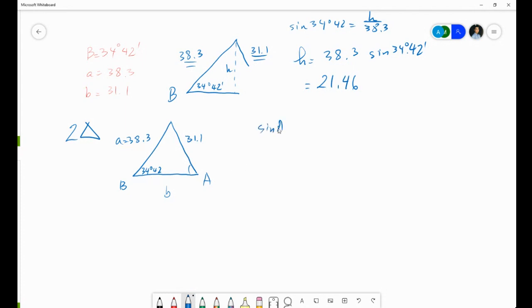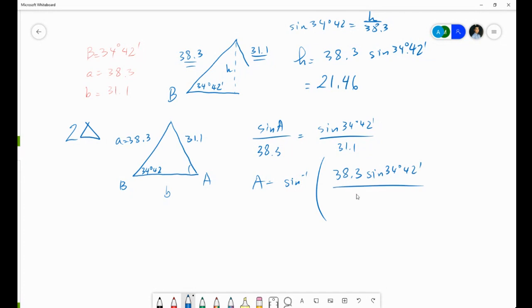So we have sine A over 38.3 equals sine 34.42 over 31.1. So A equals sine inverse of 38.3 sine 34.42 over 31.1. And what do you get, Elena? I got 42.43. Yeah, that's it.